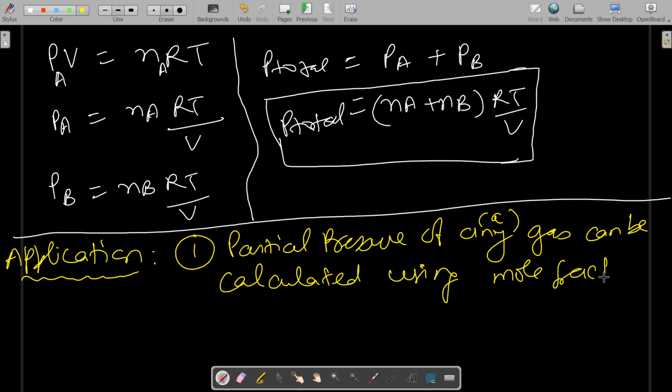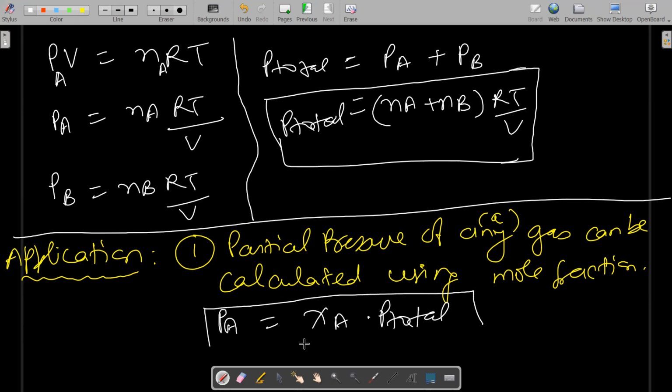So this is the first application, which means we can calculate the partial pressure of a gas. The formula is PA equal to chi A into P total. So the partial pressure of any gas can be calculated using mole fraction multiplied by total pressure.